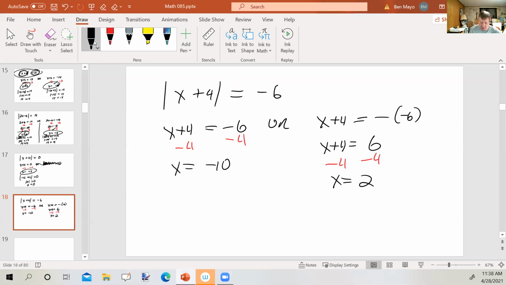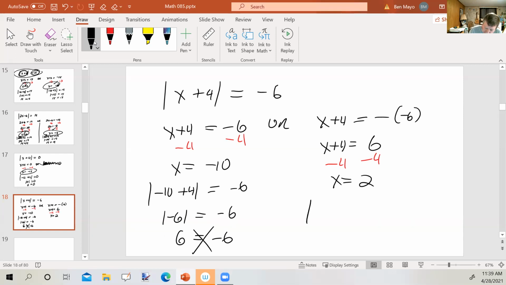So let's check these two solutions. If x is -10, we get the absolute value of -10 plus 4 equals -6. -10 plus 4 is -6. The absolute value of -6 equals -6. The problem is the absolute value of -6 equals +6, so that doesn't work.